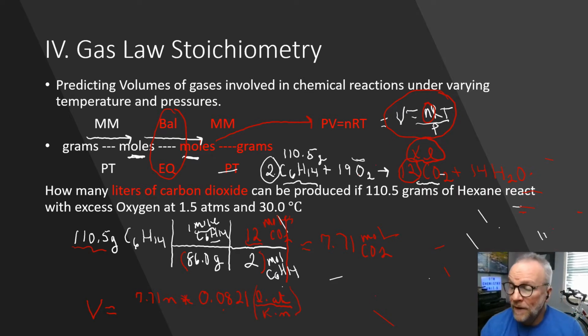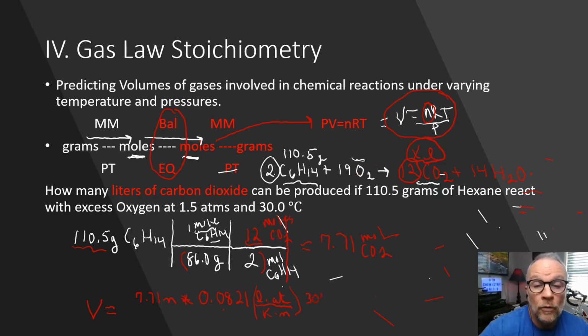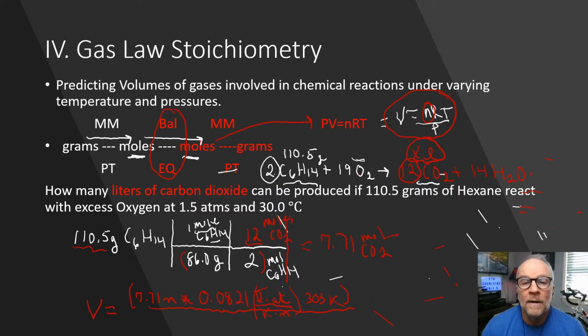And then we have a temperature of 30 degrees C. And 30 degrees C plus 273, remember you have to convert that to Kelvin, will be 303 kelvins. So you have all that as your top fraction, and you'll divide that by your pressure. We did R and T, and we'll divide that by our pressure. And our pressure is given as 1.5 atmospheres. Okay, so let's do the math there. And when we do the math there, we get our liters of carbon dioxide. Okay, so there's our final answer there.